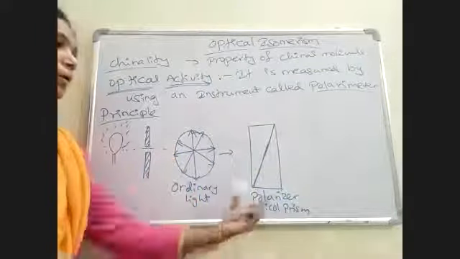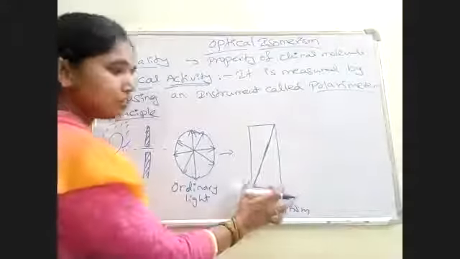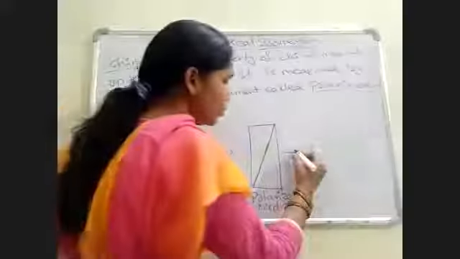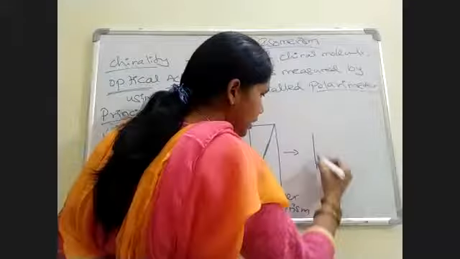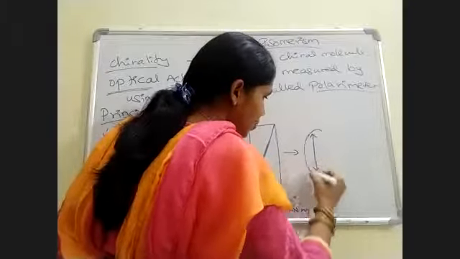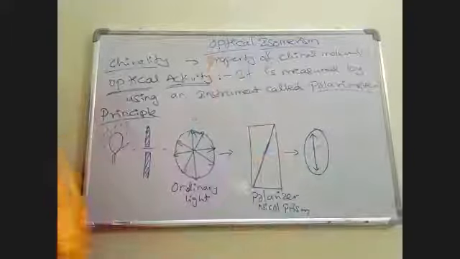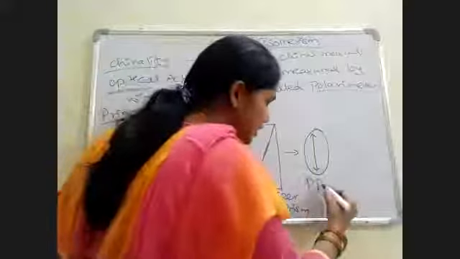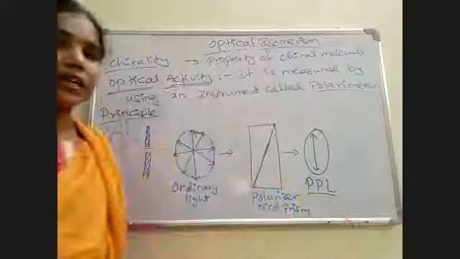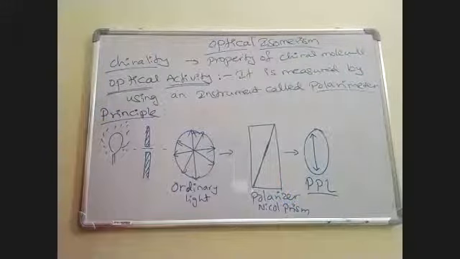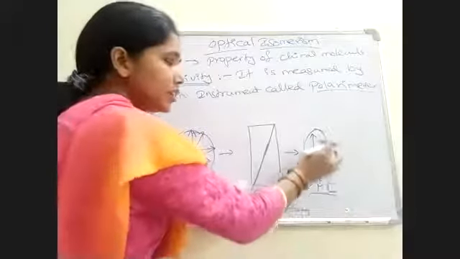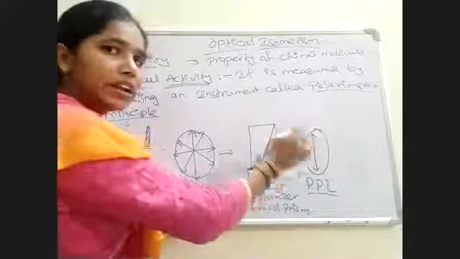What is the function of this polarizer? It converts this ordinary light into plane polarized light. In short, we call it PPL. Plane polarized light is a light which oscillates only in one plane.